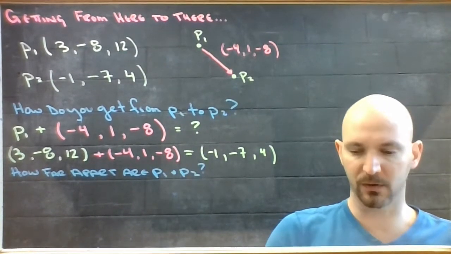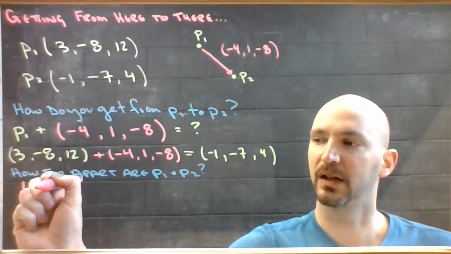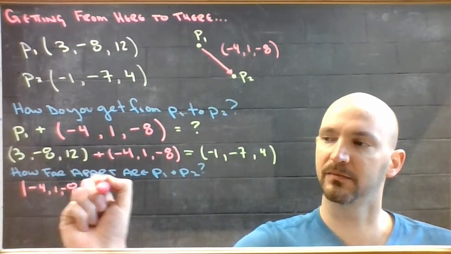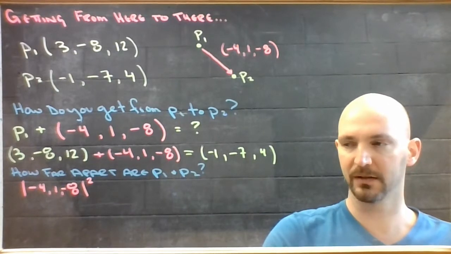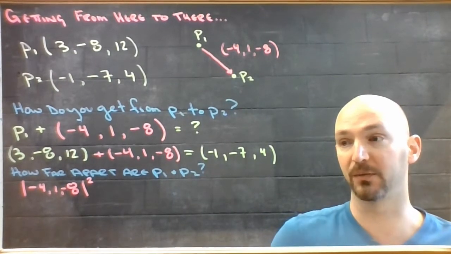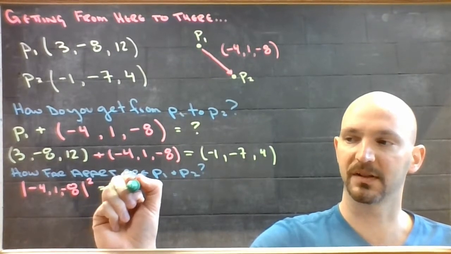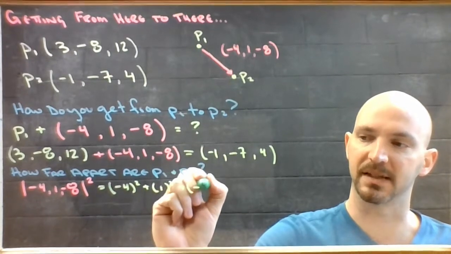Okay, so in order to do that, I'm going to have to take the magnitude of -4, 1, -8. And the magnitude of that thing squared, this is just the Pythagorean relationship, is the x-coordinate squared plus the y-coordinate squared plus the z-coordinate squared.